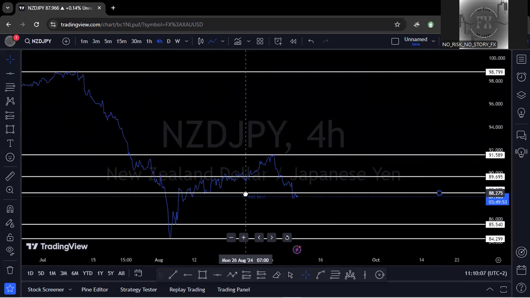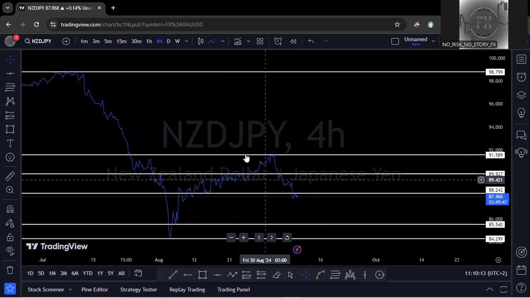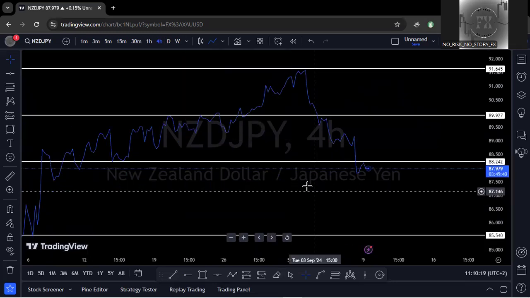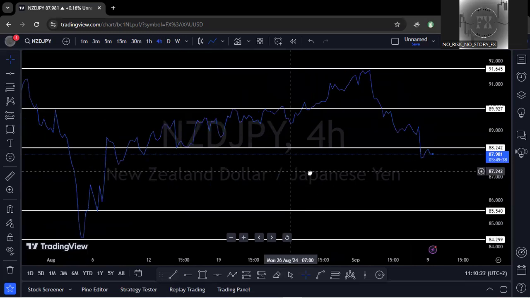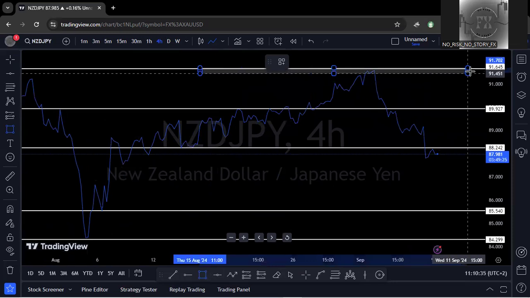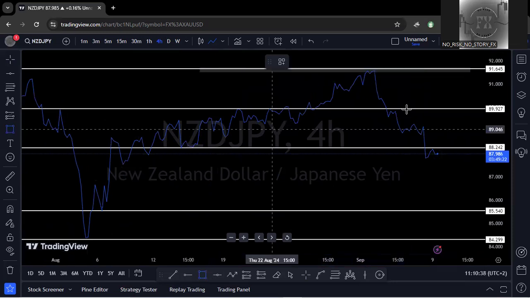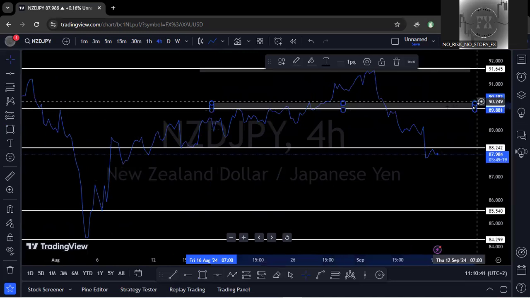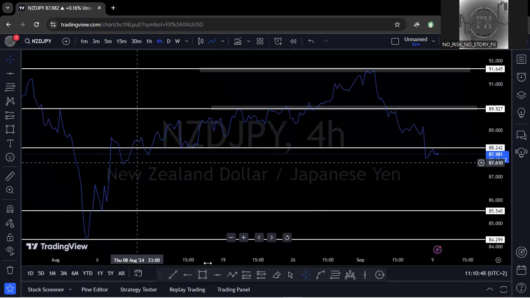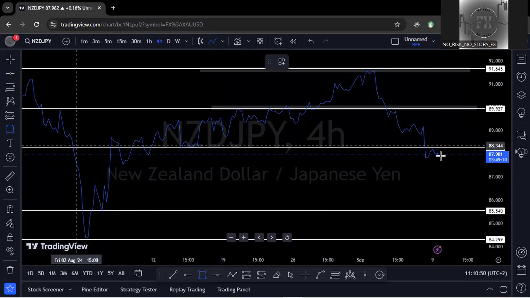So yeah, that's it for NZDJPY. And now I would like to highlight my important zones like this one, and zones like this one, and zones like this area here.